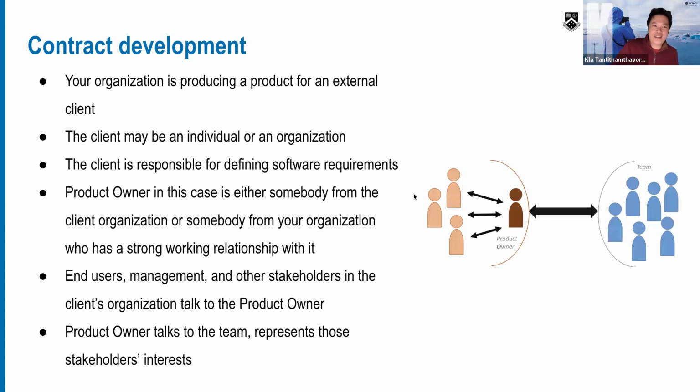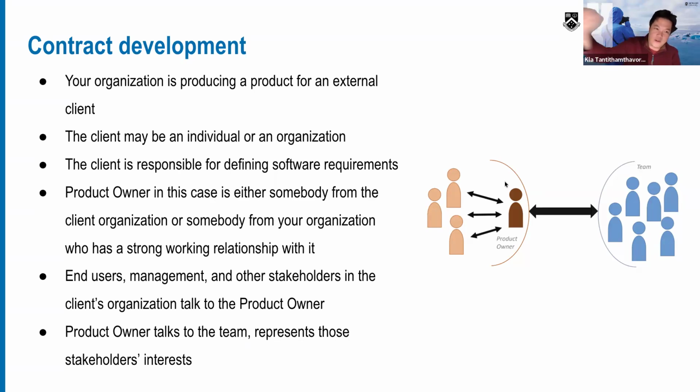All right. Just a summary. Contract development is part of developing the contract side, the agreement with the client. Your organization produces a product for an external client. This is a contract.